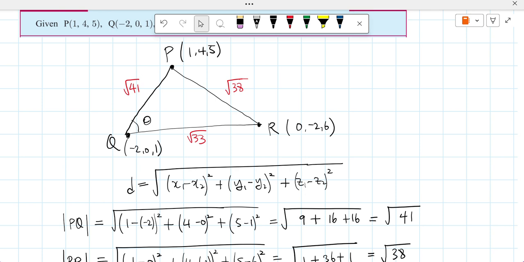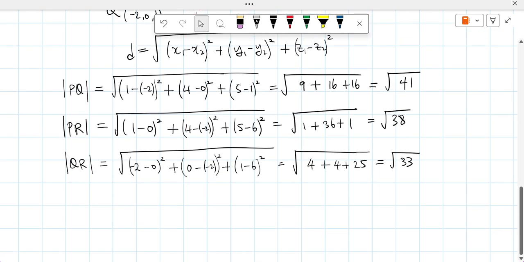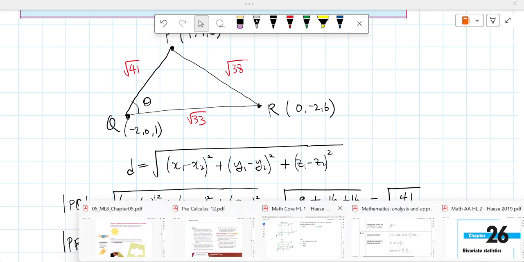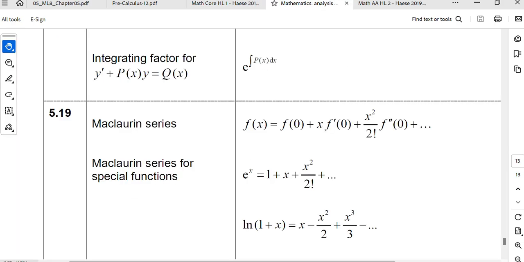So I found the three side lengths of the triangle, and I know that I need to use the cosine rule. Once again, I'm going to start by copying down the formula from the cosine rule, and because we're finding the angle given the three sides, I'm going to use the second version of the formula. This time, let's look at the formula sheet.